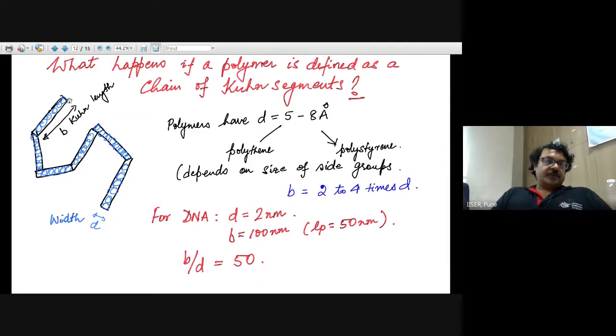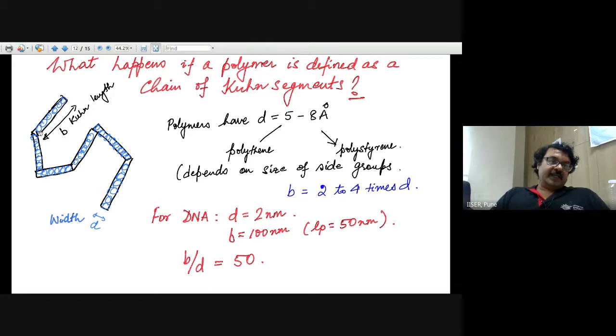So suppose you have a lot of monomers and there's a finite persistence length. So basically, there are angular correlations between subsequent monomers along the chain. And suppose you can describe some Kuhn length, which is B. And these are the real monomers which are sitting along the chain, right?